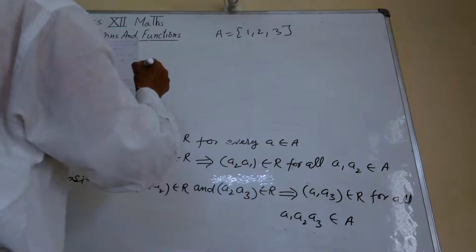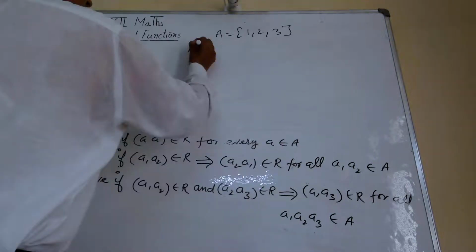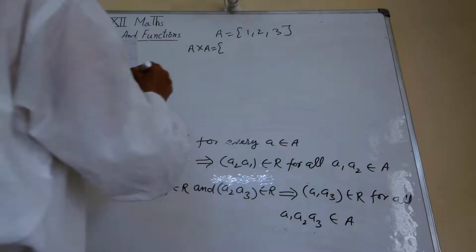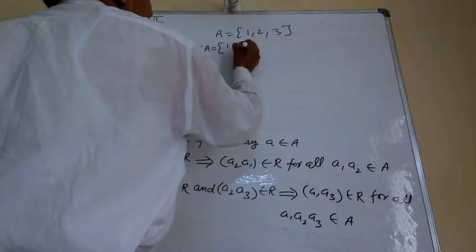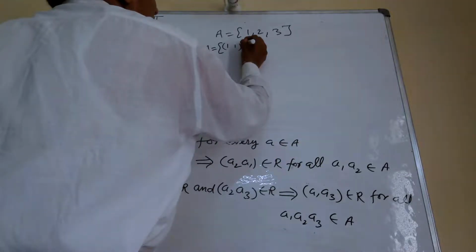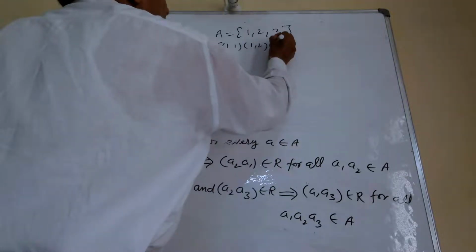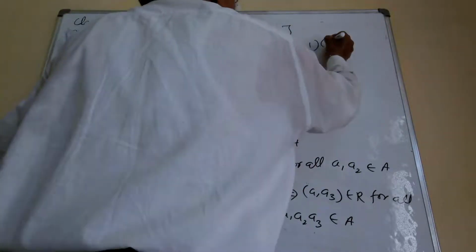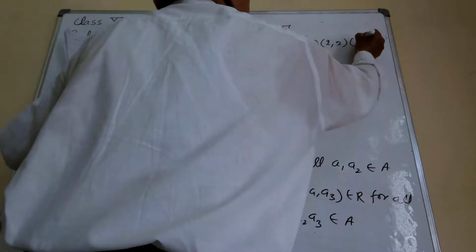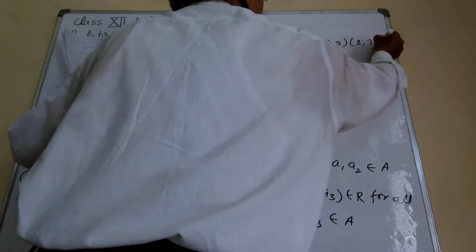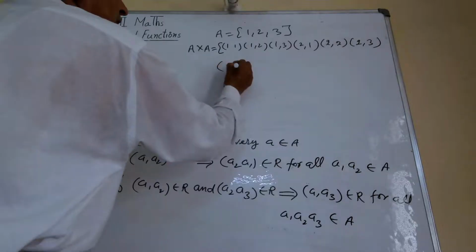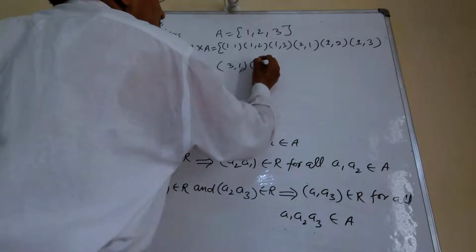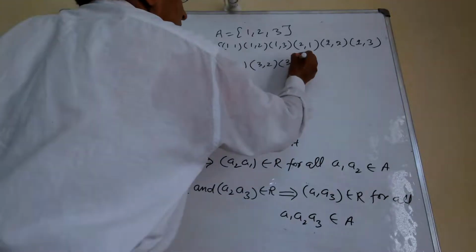Find out the product A into A. A into A is equal to (1, 1), (1, 2), (1, 3). Now take second: (2, 1), (2, 2), and (2, 3). Now take third: (3, 1), (3, 2), and (3, 3).